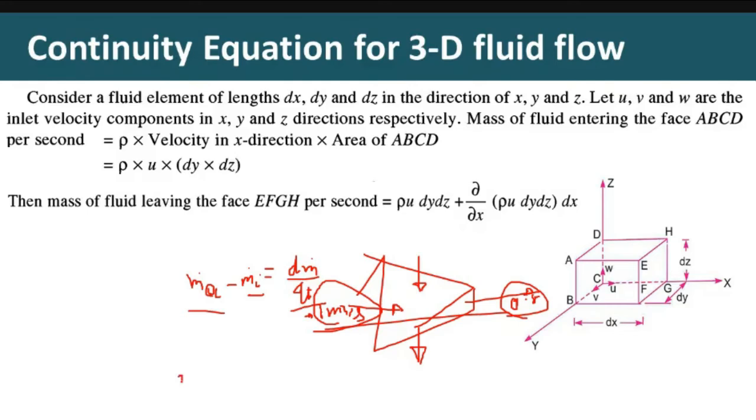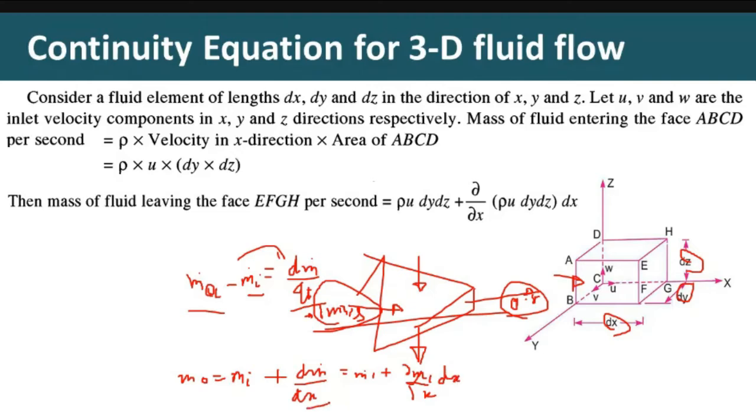Therefore we can say the mass flow rate out of the system, m dot o, is nothing but, transferring to the right side, the mass flow rate into the system plus the rate of change in the x direction, so it will be dm dot by dx. Actually in our case it will be partial differentiation, because change will occur in the y direction, the z direction and the x direction. So we can write this as m dot in plus delta m dot, where we take partial differentiation instead of complete differentiation: m dot in plus del of m dot in upon del x into dx. So we converted complete differentiation into partial differentiation.